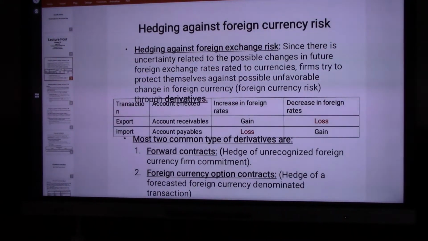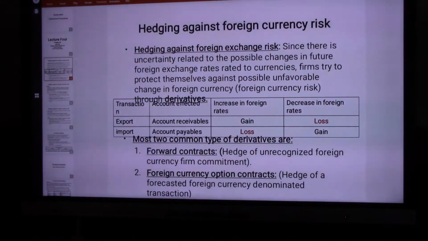But when amount expected to receive is going to be decreased, so I'm going to achieve a loss. طب قلنا the two more common type of derivatives to protect firm itself against foreign exchange currency risk. One is called forward contract, the other is called option contract. We are talking about forward contract.